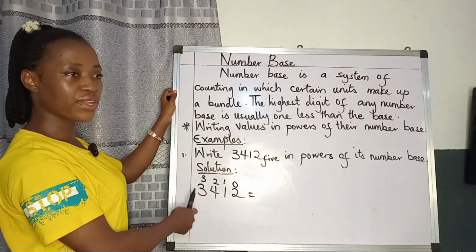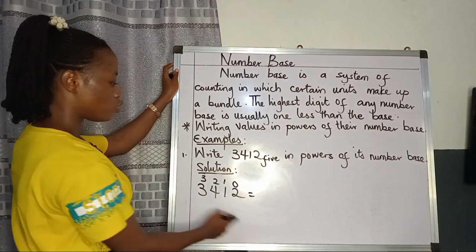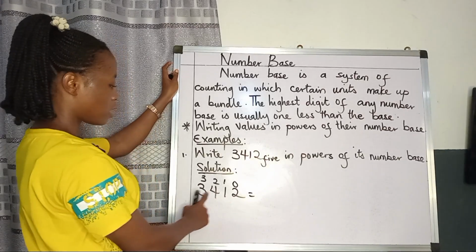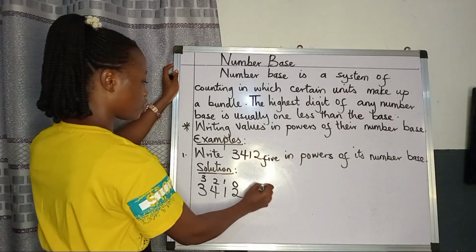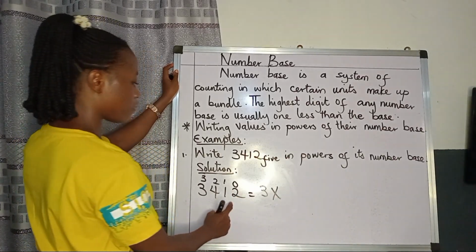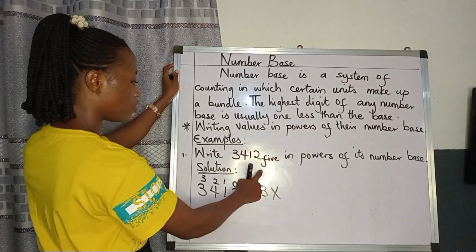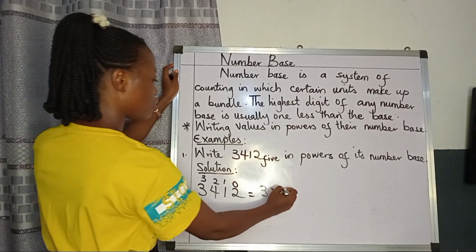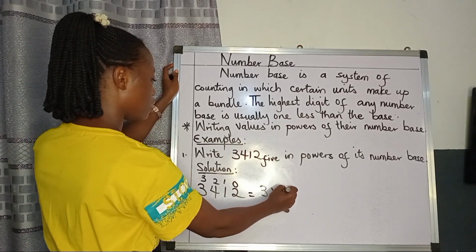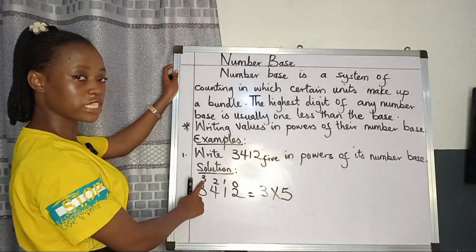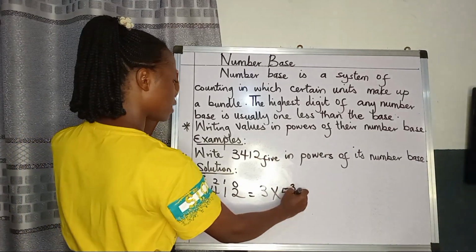It keeps on going that way. So I will take the first digit, which is 3, and multiply it by the base. Remember, this number is in base 5, so I'm multiplying it by base 5, raised to the first power, which is power 3.